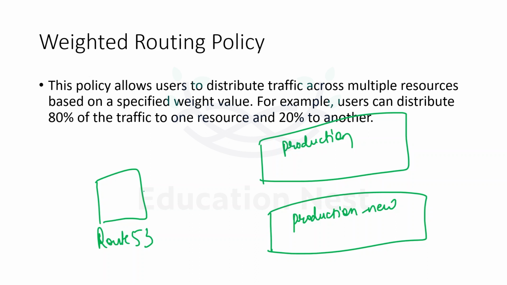Then I can use the weighted routing policy stating that 80% of traffic would be routed to production and 20% would go to production new. If everything works fine in production new, then we can shift our entire traffic to production new and discard this production. So this was the last type of routing policy that we have.